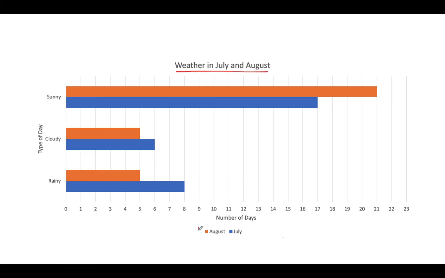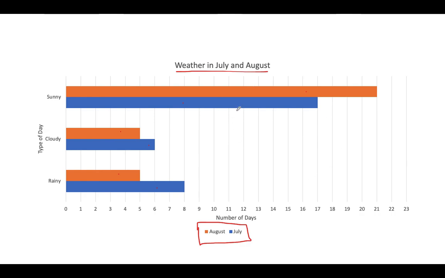And there's this little legend down here that's showing us which color represents which month, right? So July is in blue now, so the rainy days, the cloudy days, and the sunny days are in blue. And for August, we have this orange color, which is telling us the same thing, the number of rainy days in August, the number of cloudy days in August, the number of sunny days in August.